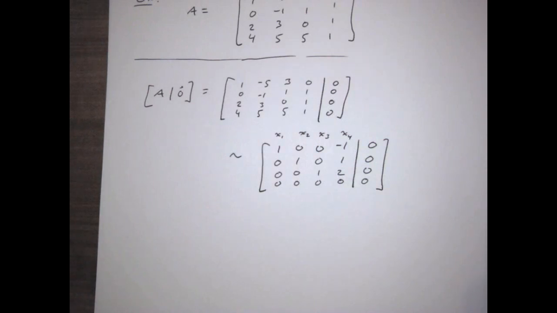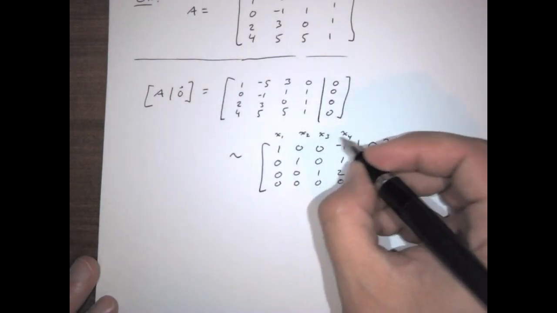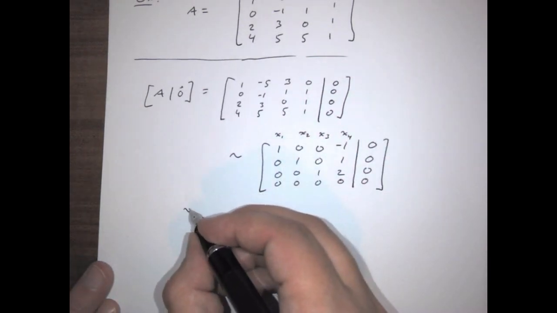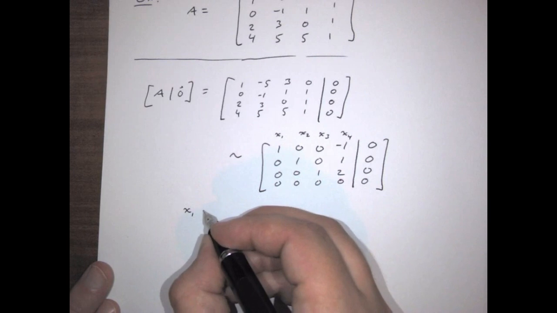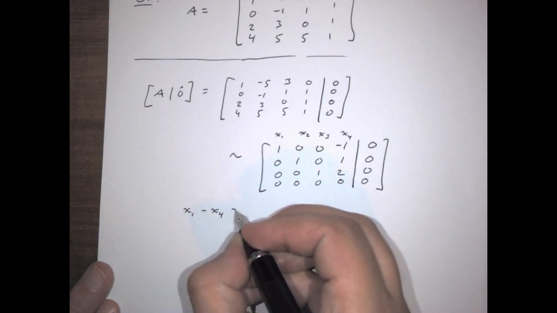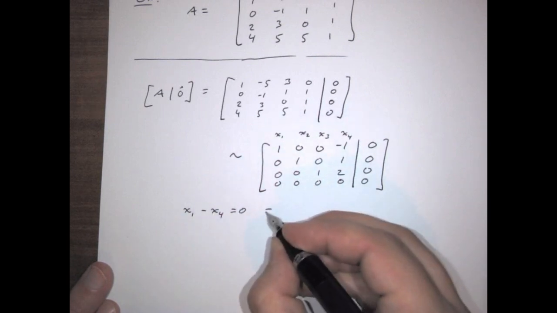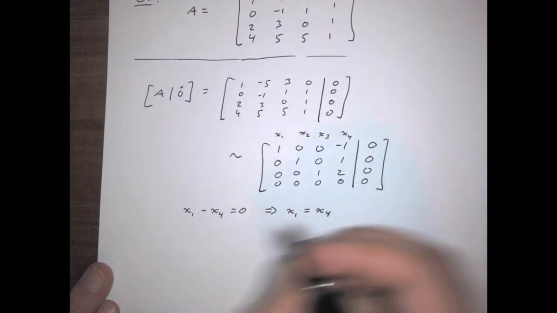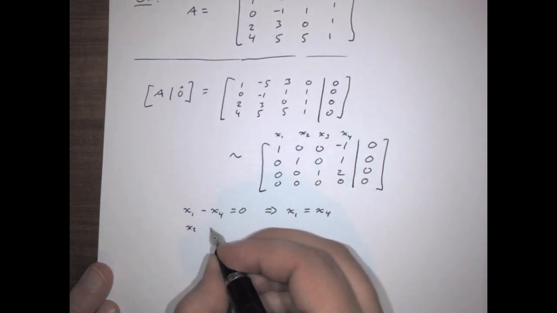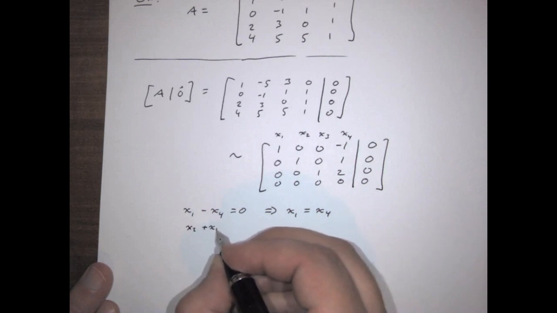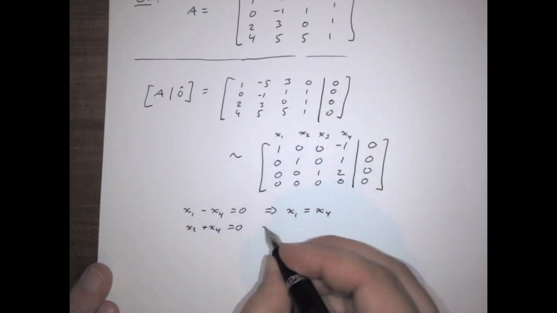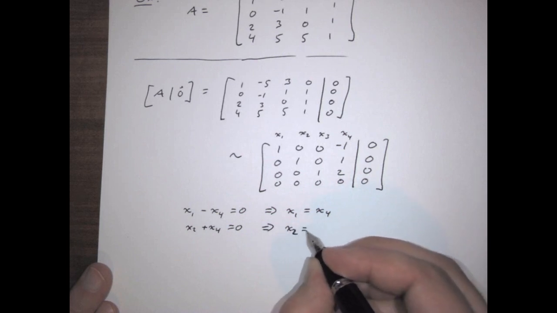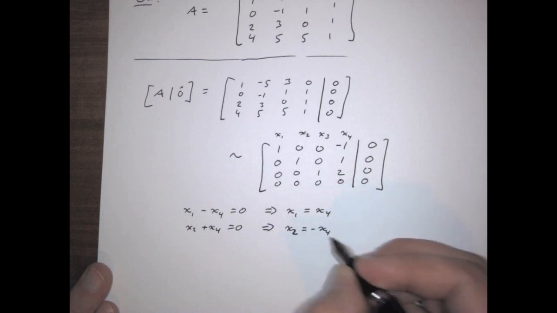So together we can express each of the basic variables in terms of the free variable. So x1 minus x4 equals 0, which implies that x1 equals x4. x2 plus x4 equals 0, which implies that x2 equals negative x4.